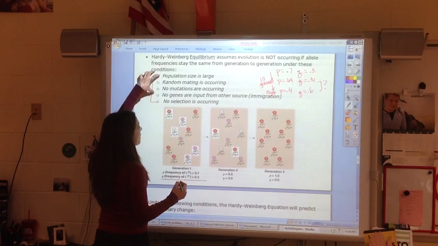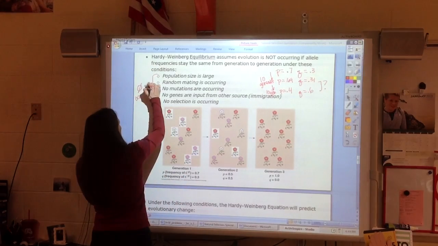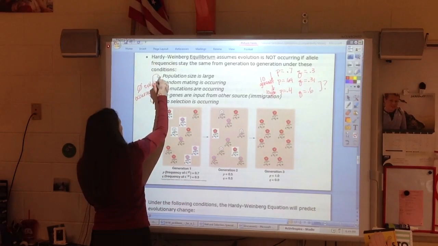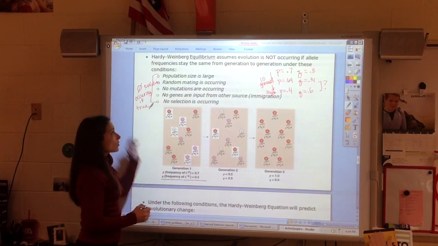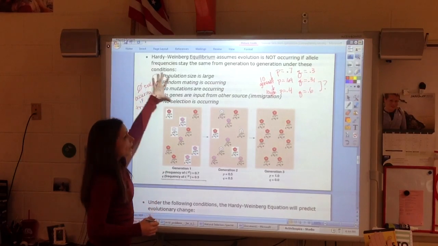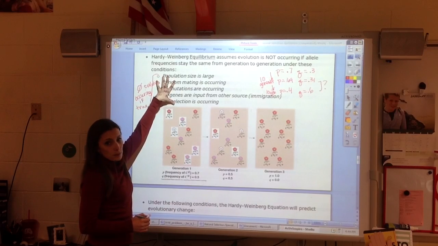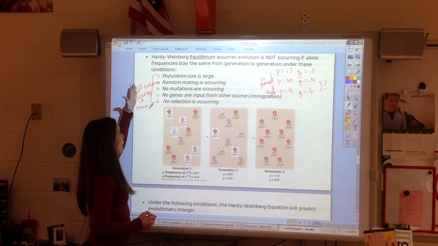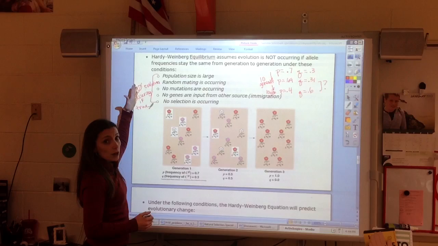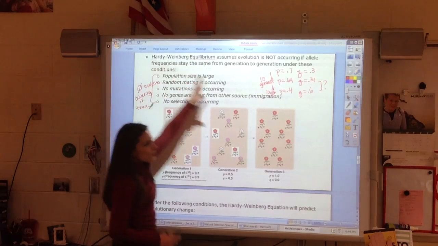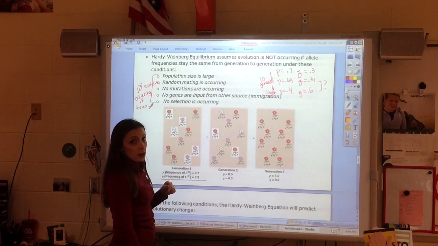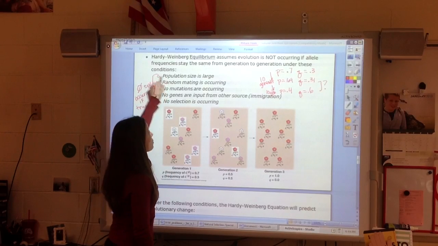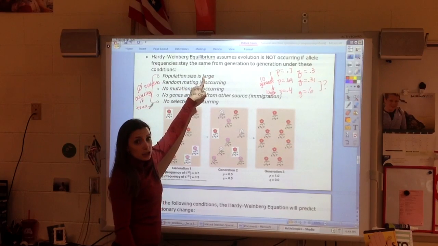If no evolution is occurring, I can assume these are true. If I know these to be true, I should expect no evolution to occur. But if there is a change, that must mean that one of these is probably wrong.